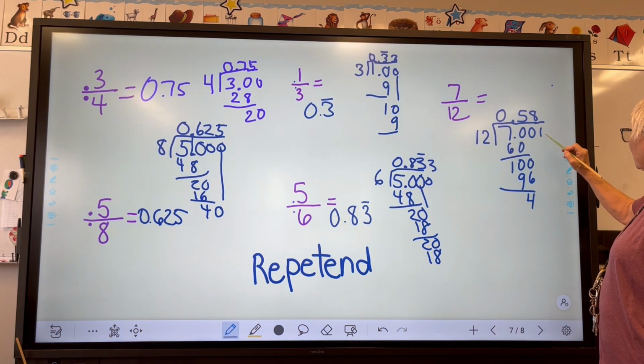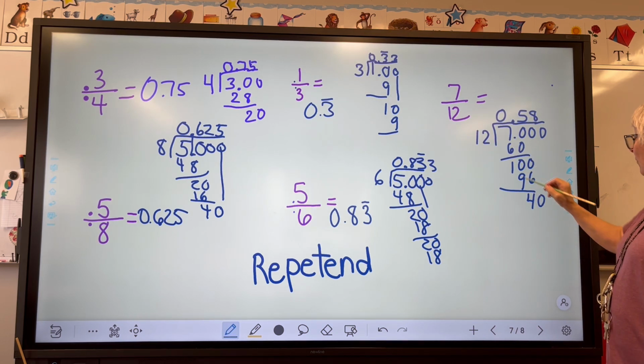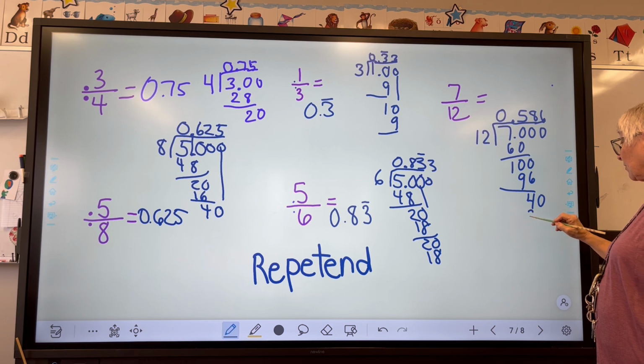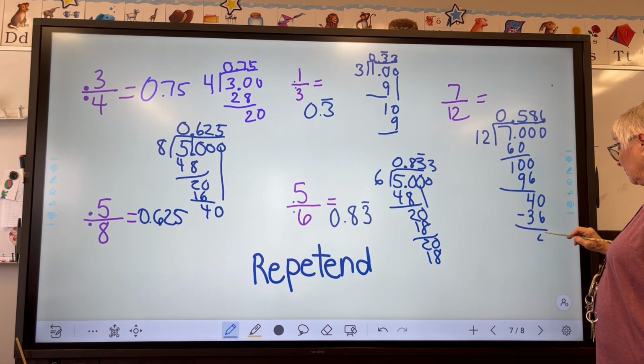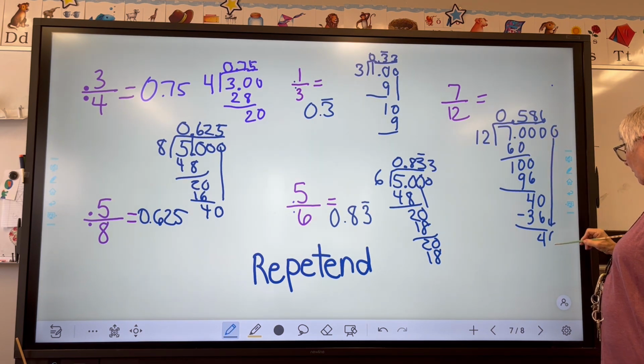So I add a 0. Bring it down. 12 goes into 40 6 times. 36. Subtract. There's a 4. Add a 0. Bring it down. And look, the 40 is now repeating.